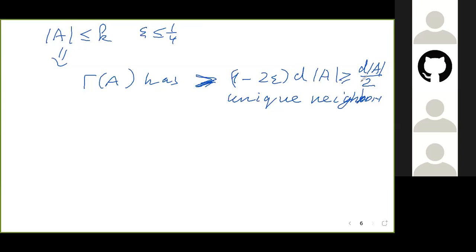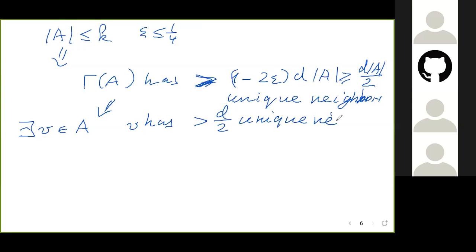And that implies that there is a node in A such that V has more than D over 2 unique neighbors. So some node in A has more than D over 2 unique neighbors.